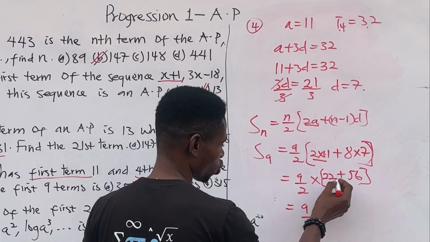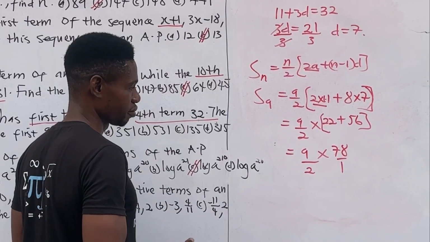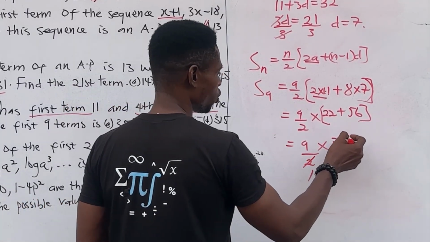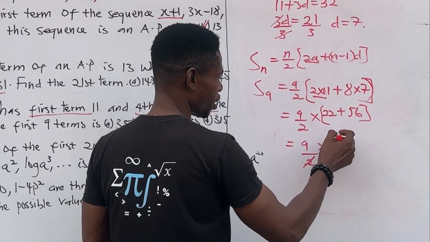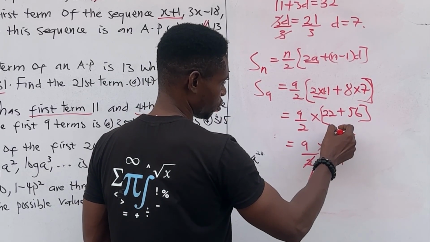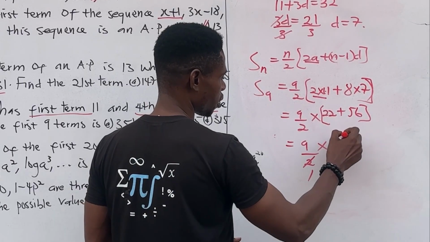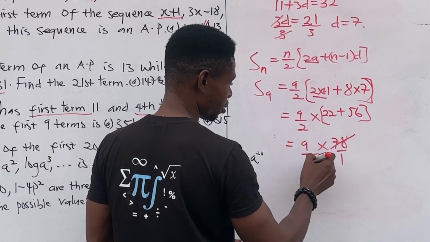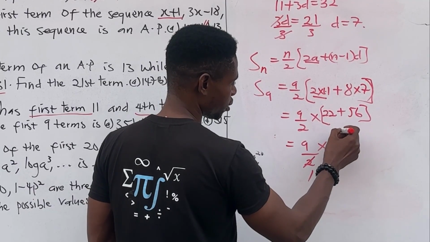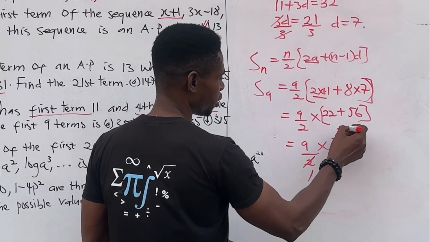That's 56 plus 22, that will be 78. Remember, over 2. 2 in 78, 2 times 3 is 6. Remainder 1, 2 in 18, 9.